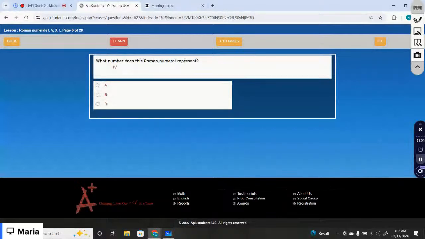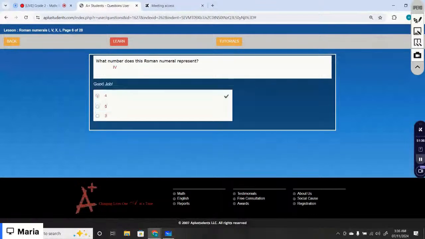What number does the Roman numeral represent? Which is the correct option? 4 it is, right?